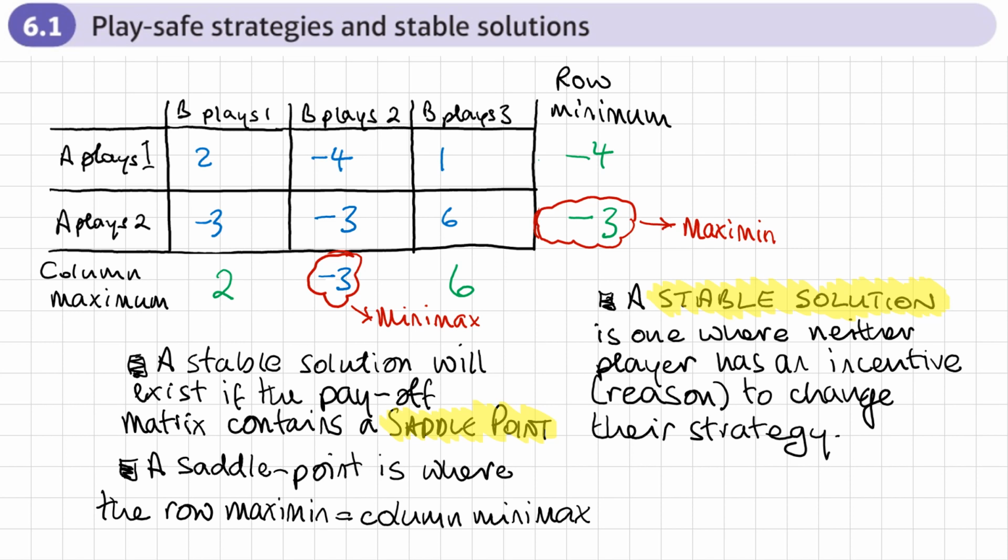So this is what we call a stable solution. So if A plays 2 and B plays 2, they have no incentive to change to a different strategy because they're not going to improve their winnings or their points. So the row maximin, which is got here -3, is equal to the column minimax -3.